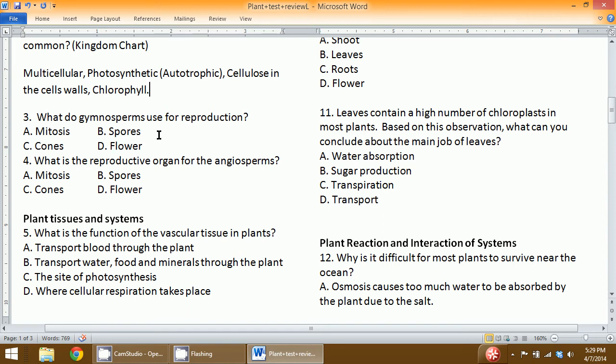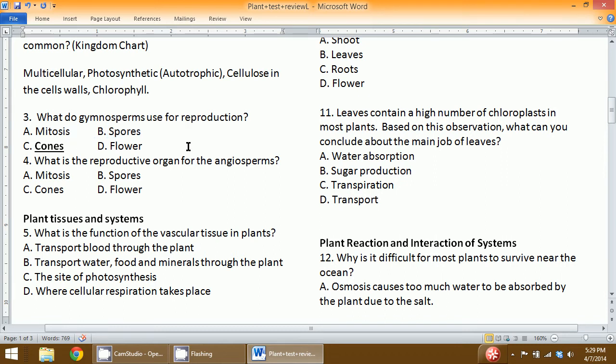What do gymnosperms use for reproduction? Gymnosperms are the naked seeds, and the naked seeds are produced by cones. Not those others. Angiosperms produced by flowers. The non-vascular and the vascular seedless plants both produced by spores, so that would be ferns and more primitive.